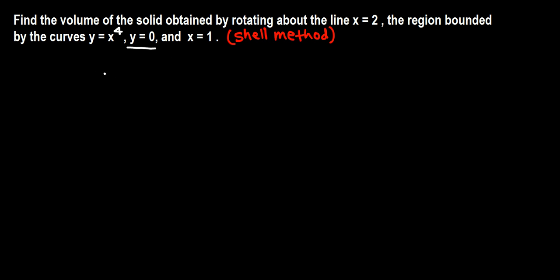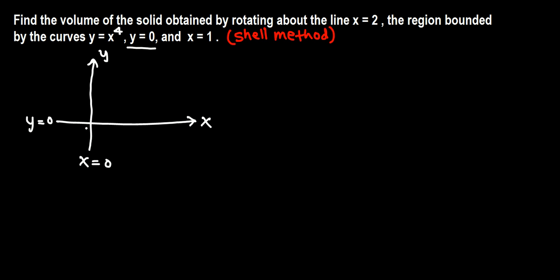So we have the vertical axis, that's y, or x equals 0, and the horizontal axis x, or y equals 0. Here's the origin. Now y equals x to the fourth is a parabola, so we graph that.